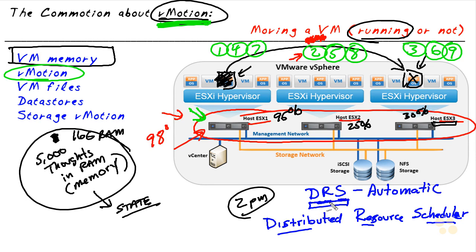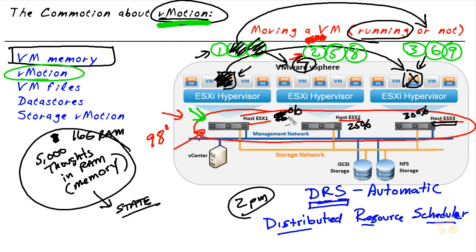And what DRS could do, after looking at that, it could say, well, I'm going to go ahead and use vMotion to move a couple of virtual machines around. Maybe it takes VM number 7 and takes it off of host ESX1 and moves it over to host ESX2. And maybe it takes VM number 4 and moves it over to host ESX3. So now host ESX1 has one fairly busy virtual machine, while at the same time, host ESX2 and ESX3 both picked up additional VMs to help balance that load.